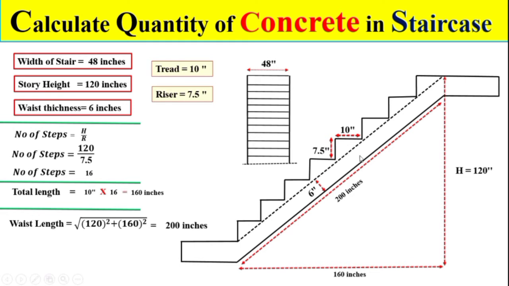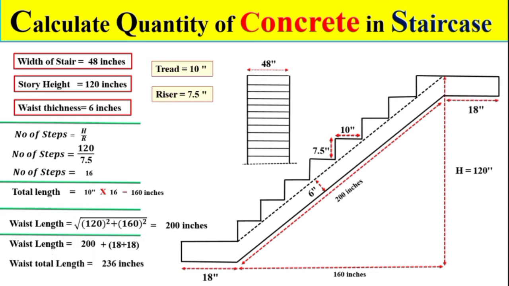Then we need to calculate the volume of the landing area in the upper and lower portions. If we take the waist length and add 18 inches and 18 inches for the upper and lower landings, we get the total length of the waist as 236 inches.